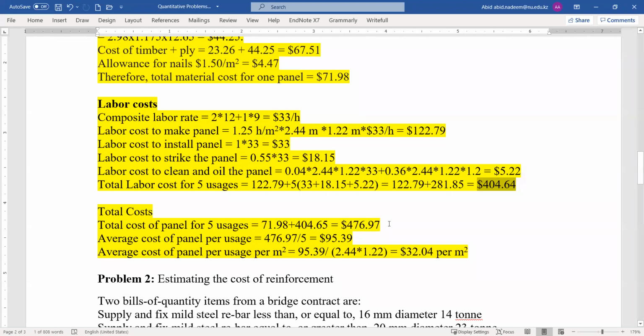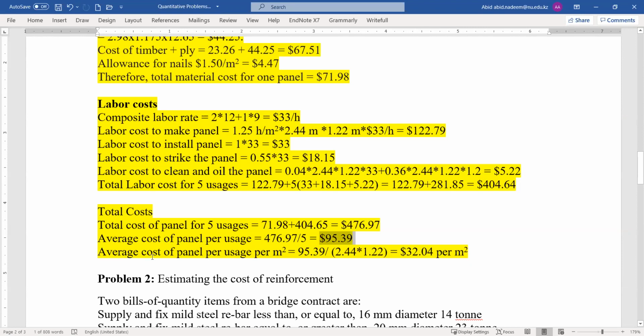Here we are assuming that the panel will last for 5 times usage. So the panel was used 5 times and it cost us $476.97. So for 1 time usage, it will cost about $95.39.